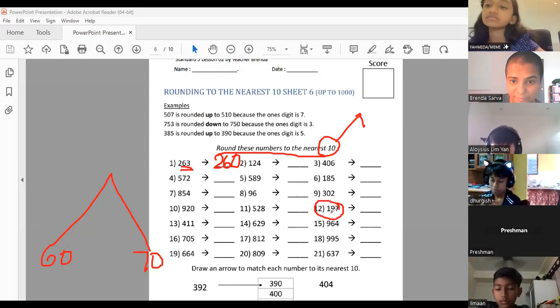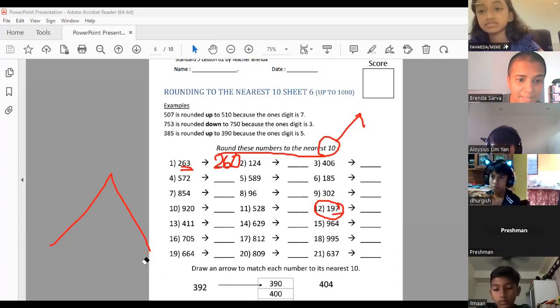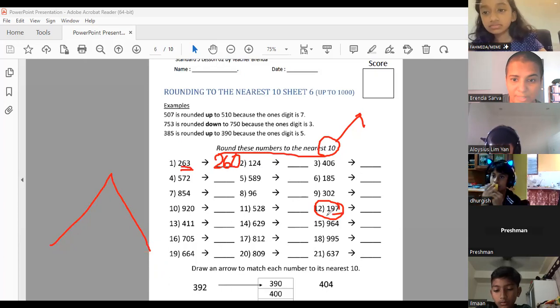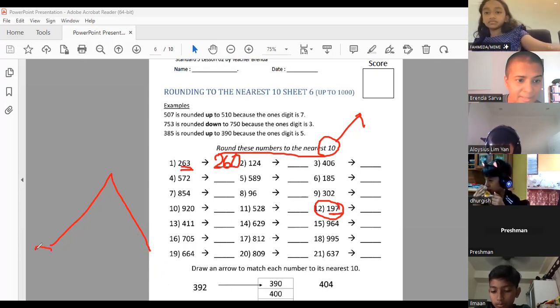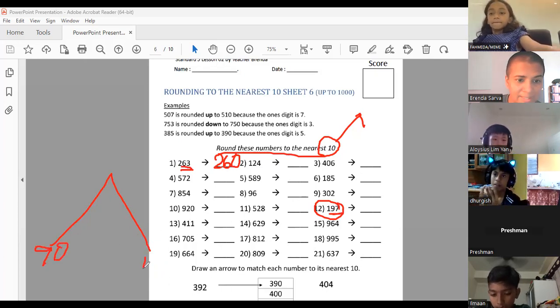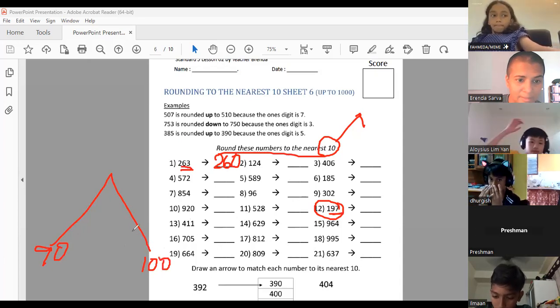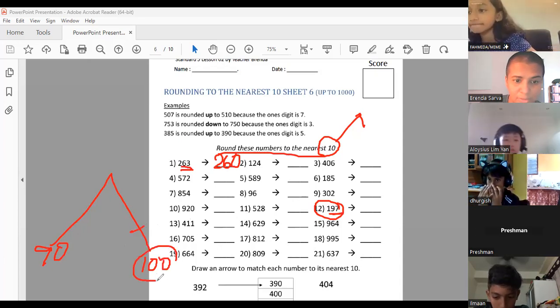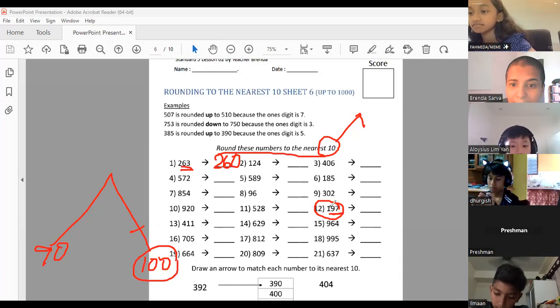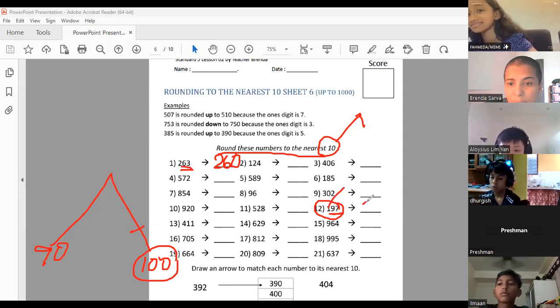197, let's do number 12. That 97 is between 90 and 100. You must always ask, where is 97? 97 is between 90 and 100. Here, 97 is here, so it's going to reach 100. But I already have 100 here, so it will become 200.